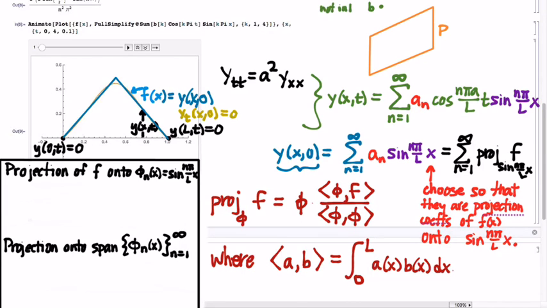Not in P. So I have this point B, and I'd like to figure out how to project that point onto the plane. So I need to find its projection. Projection of B onto the plane P.